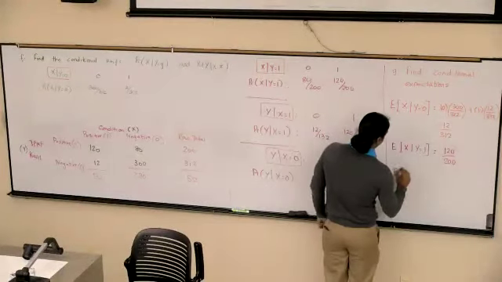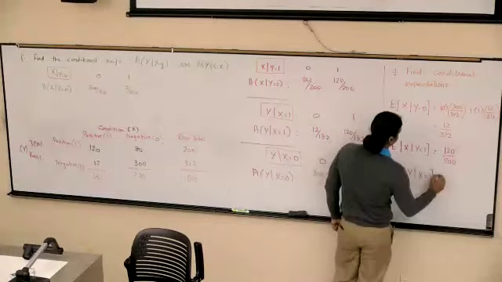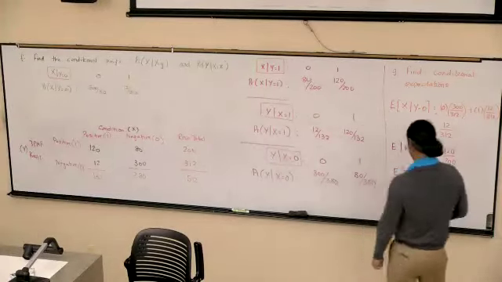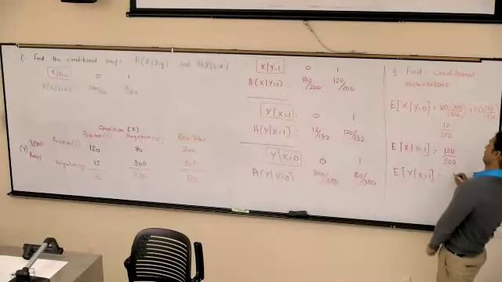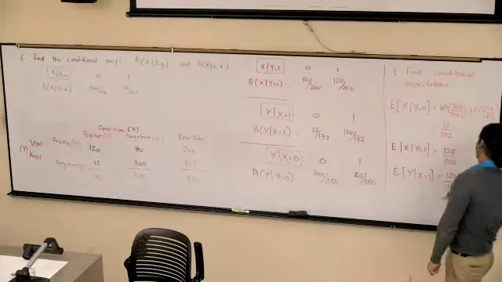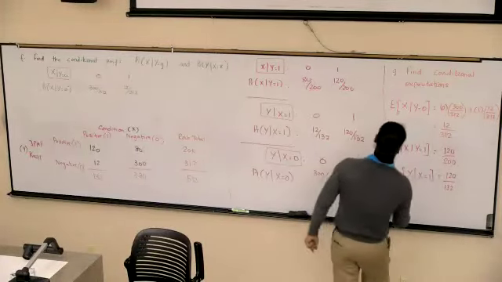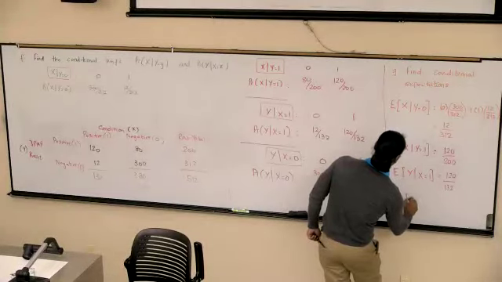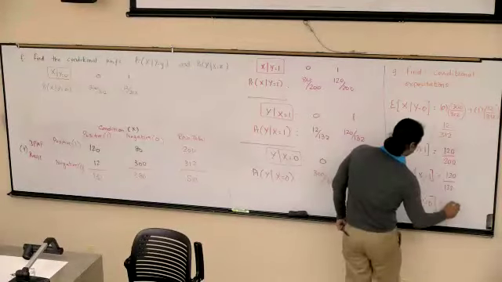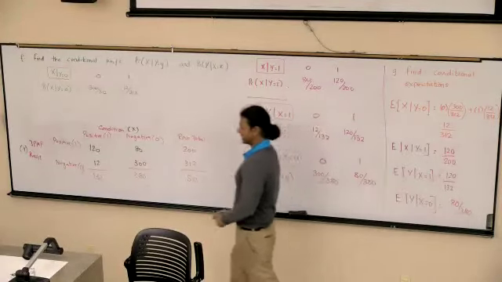Expectation of Y given X equal to 1 would be equal to 120 over 130. Likewise, expectation of Y given X equal to 0 is 80 over 380.